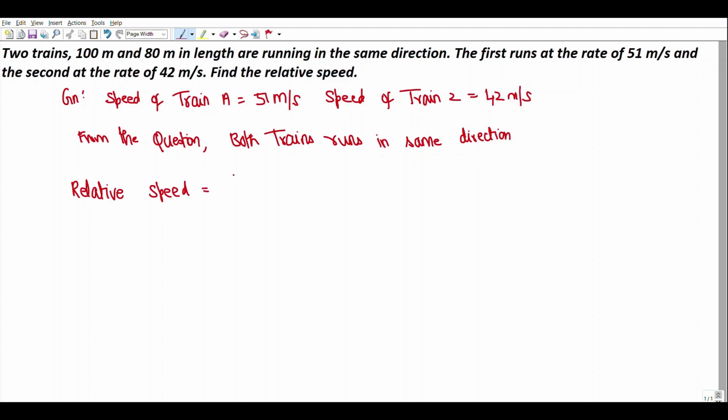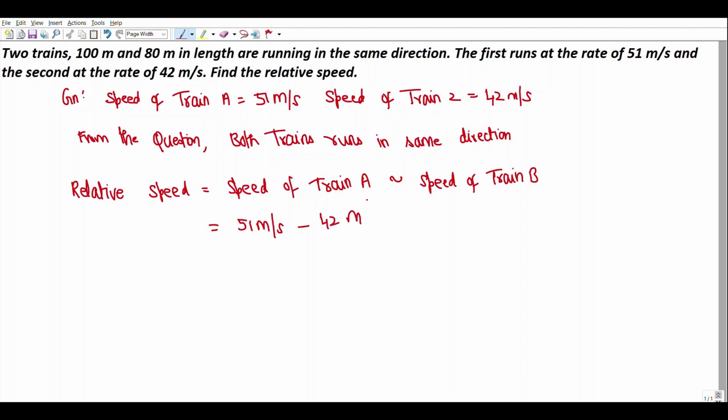The relative speed can be given as speed of train A minus speed of train B, which is equal to, since speed of train A is higher, 51 meters per second minus 42 meters per second, which is equal to 9 meters per second.